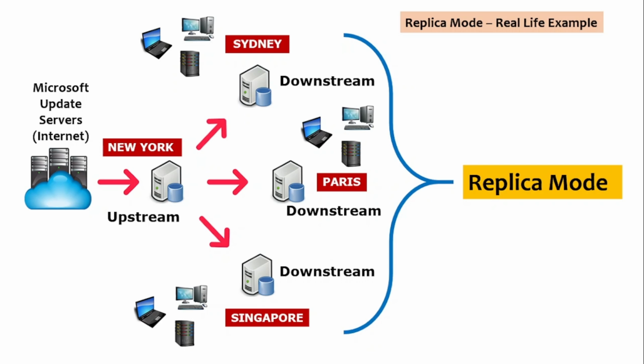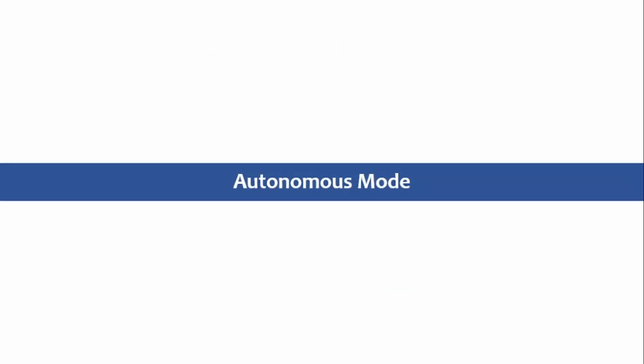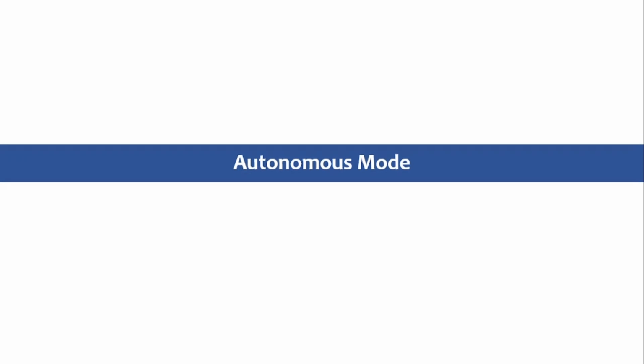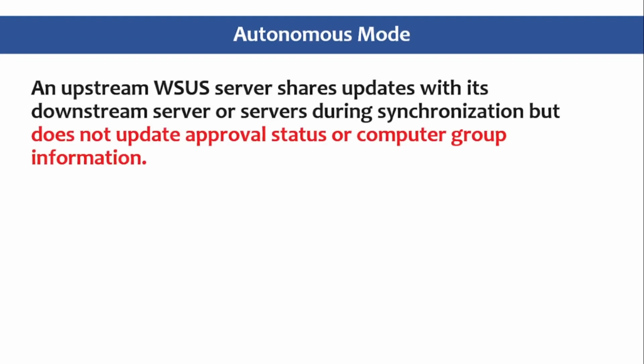We don't want to hand over the administrative tasks to anyone else in the location. So let us understand autonomous mode. An upstream WSUS server shares updates with its downstream servers during synchronization, but does not share approval status or computer group information.